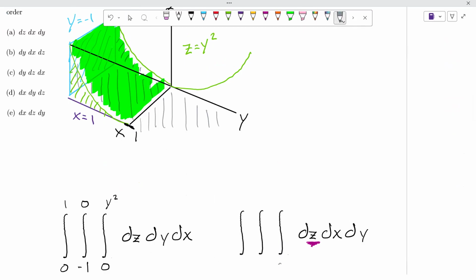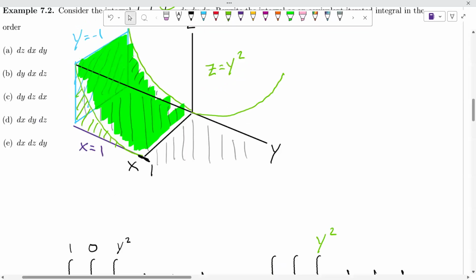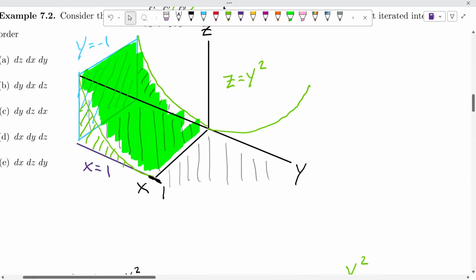So if I look at my bottom and my top shape, they are the plane, z equals 0, and the parabola, z equals y squared. Notice that these will not have changed from the integral that we started with. But since I want to be thinking about how I actually come up with these shapes, right? I want to be going from top to bottom.